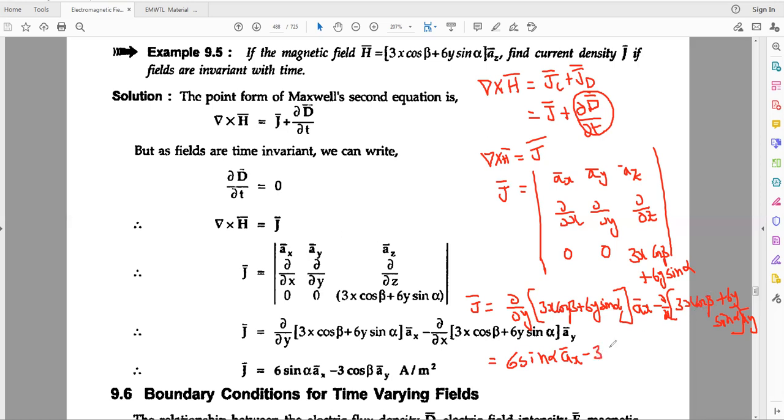And this becomes 3 cos beta AY bar. Therefore, the J bar is equal to, in ampere per meter square, current density 6 sin alpha AX bar minus 3 cos beta AY bar. Got it, my dear?